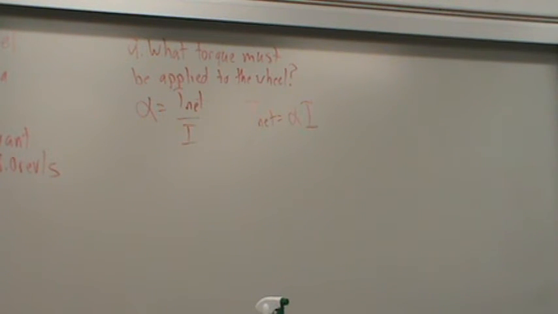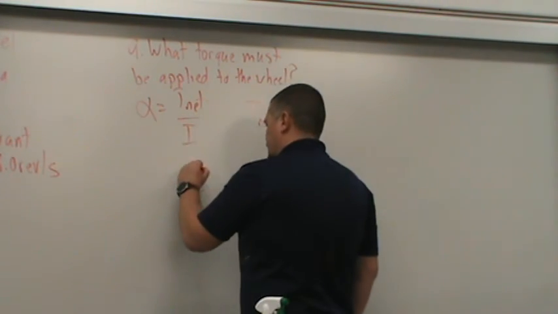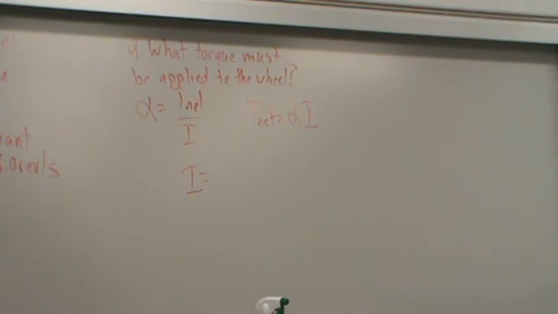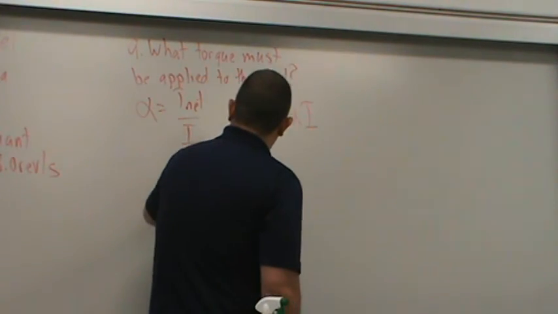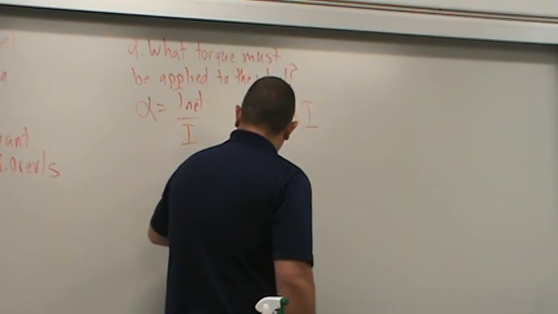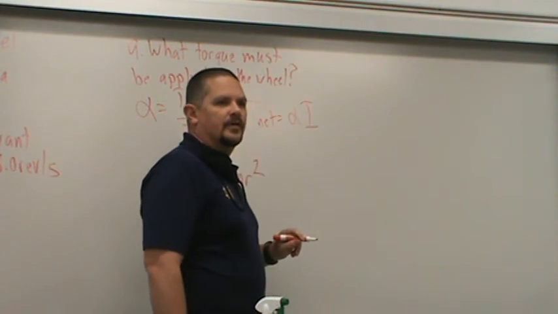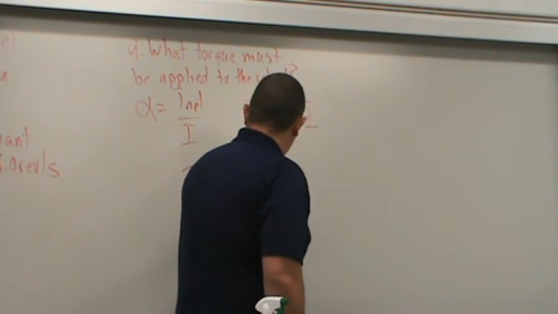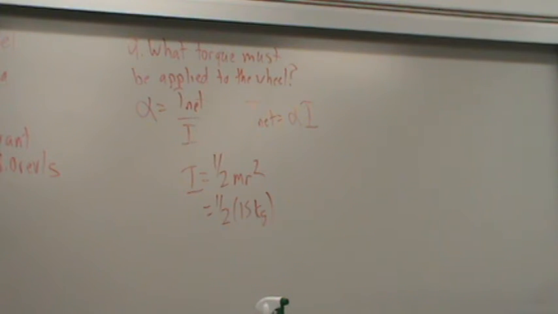Inertia, okay. So inertia is equal to, now we said that our wheel is a uniform solid cylinder, right? Yep. So what is the formula for inertia for a uniform solid cylinder? 1/2 mr squared. Okay, half mr squared. So our m is 15 kilos, times, now what's our r? Well, they said that the diameter of the wheel was 0.44 meters. R stands for radius, right?